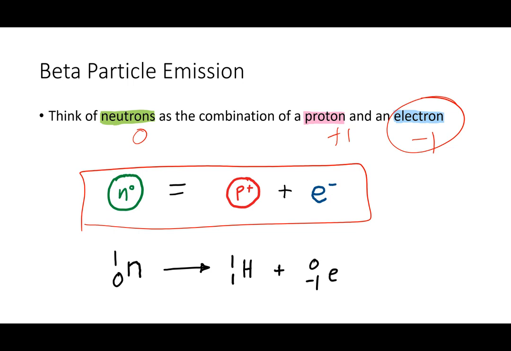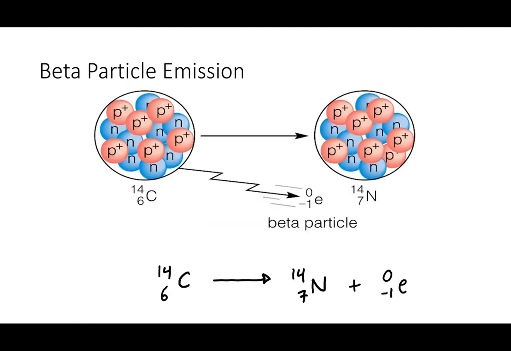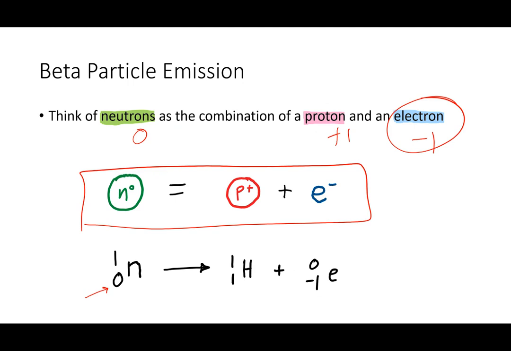Let's look at beta particle emission for an example. If you have a neutron, it has 0 protons, and it has the atomic mass of 1 here. On the left side of this equation arrow, and on the right side, we have to be able to add it up.